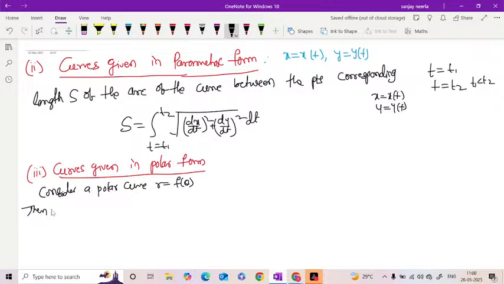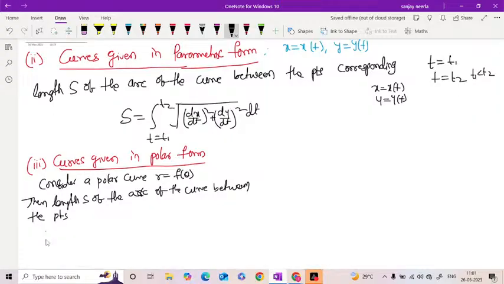So now the length of the arc of the curve between the points corresponding to, suppose limits are theta 1 to theta 2, and theta 1 is always less than theta 2.